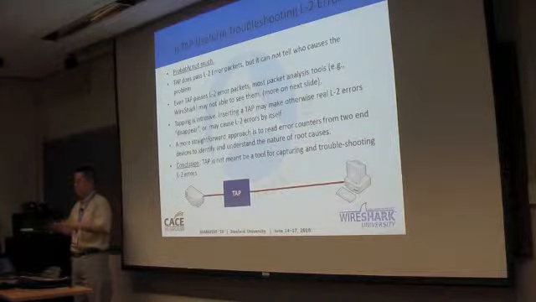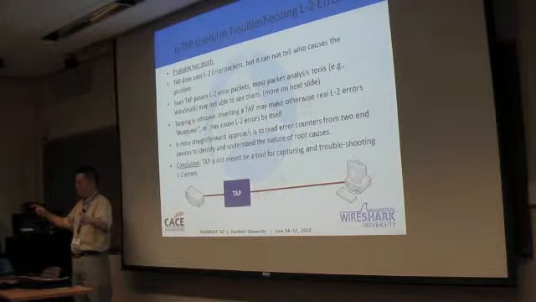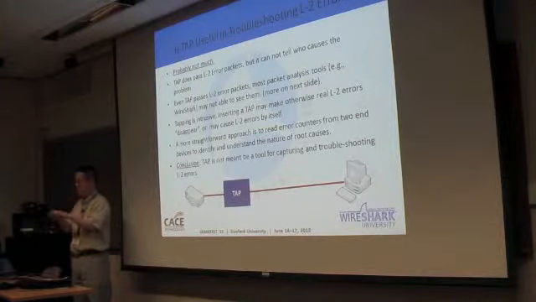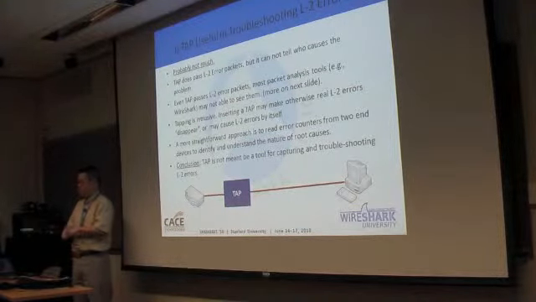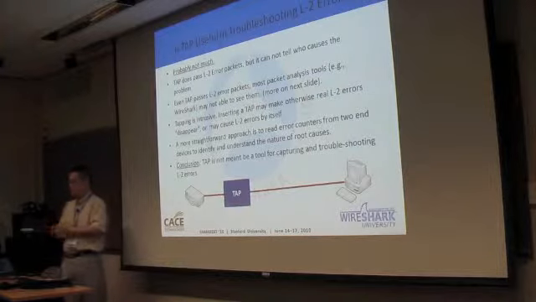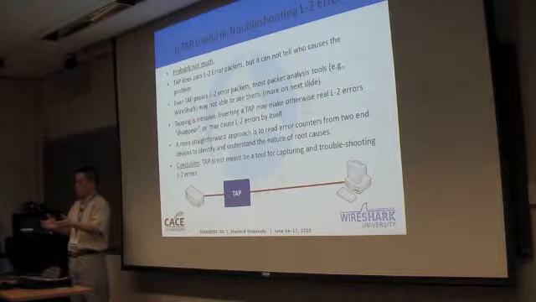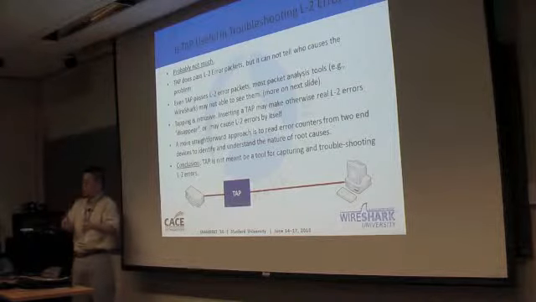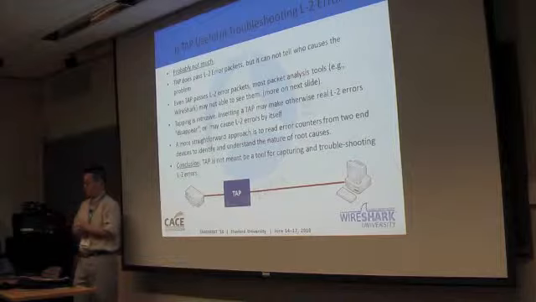Suppose you add the TAP between the two end devices, and you see something wrong, like CRC errors or oversized packets. Basically you are not able to tell which one caused the problem, either one of the end devices or the TAP itself.